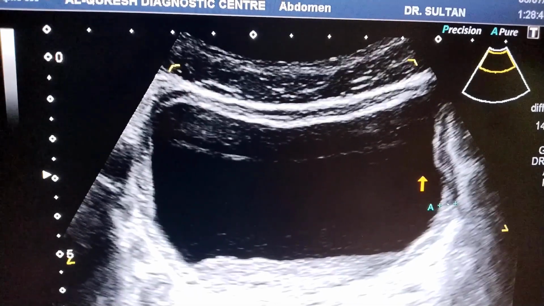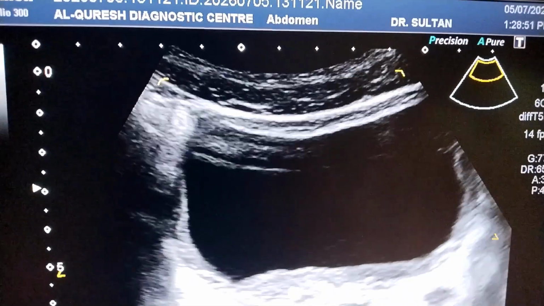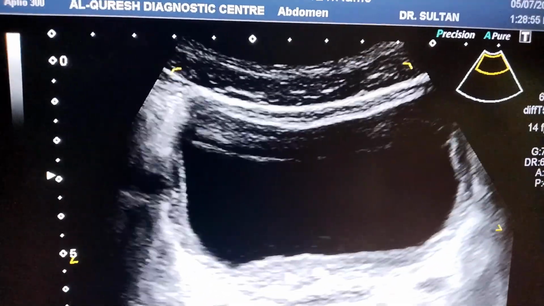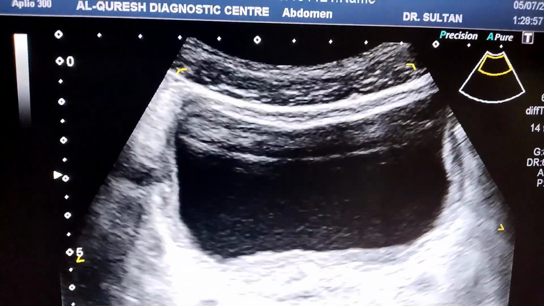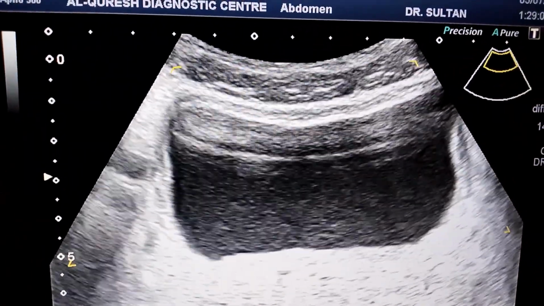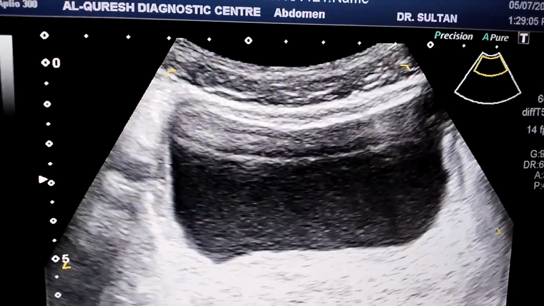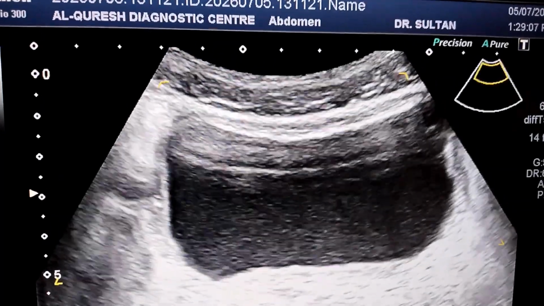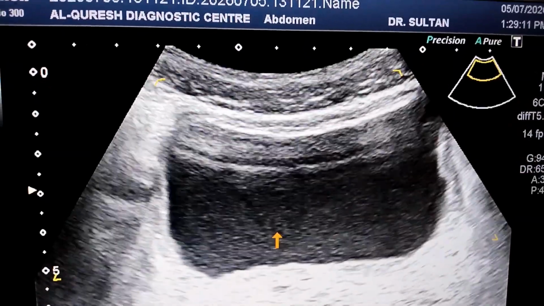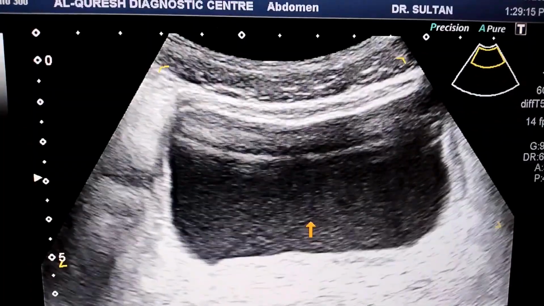And when we have observed all this, there is a fluid debris level and a diffusely thick walled urinary bladder, then we should also increase the brightness, because the brightness can also show many things. Here now, when increasing the brightness, we can appreciate the internal echoes within the urinary bladder.